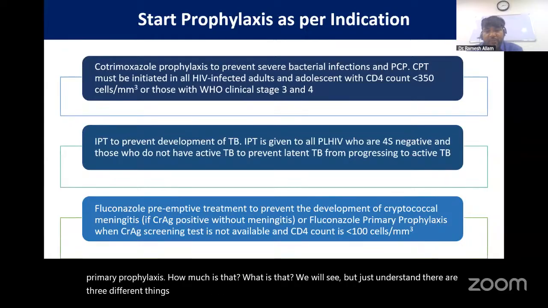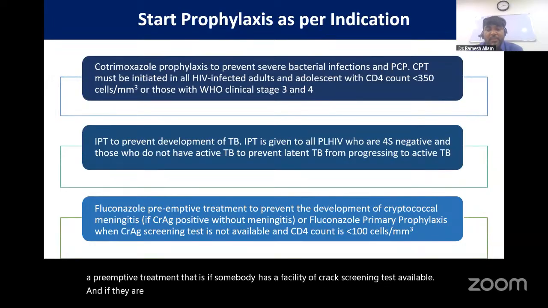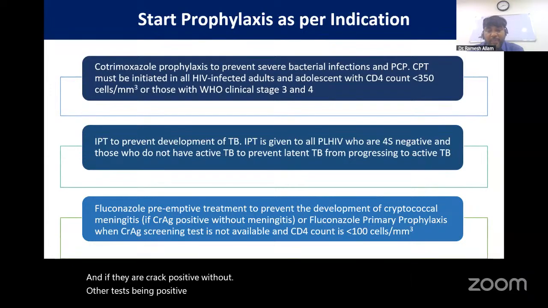But just understand there are three different things here. We are talking of primary prophylaxis, and we are also talking of a preemptive treatment. That is, if somebody has a facility of CrAg screening test available, and if they are CrAg positive without other tests being positive for cryptococcal meningitis, then you start preemptive.